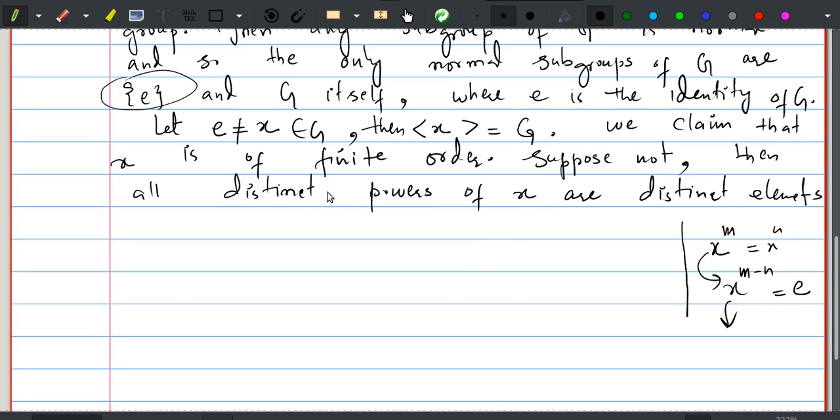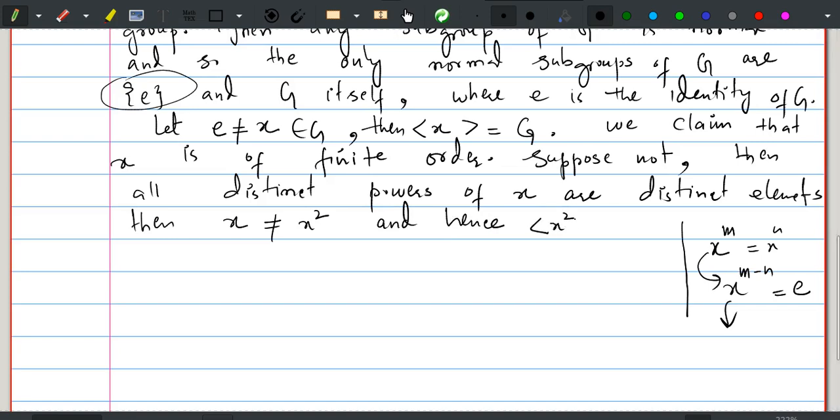So if all distinct powers of x are distinct elements, then x and x square are not equal, and hence this subgroup contained in G is a non-trivial subgroup.